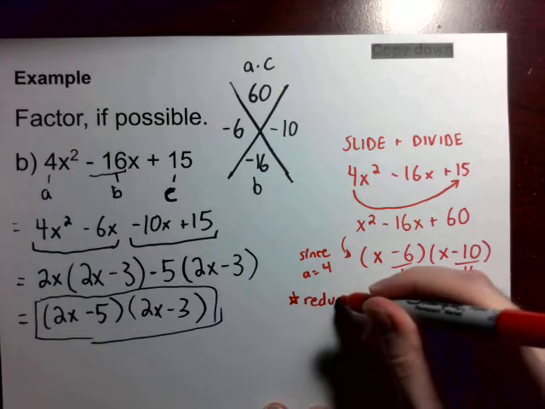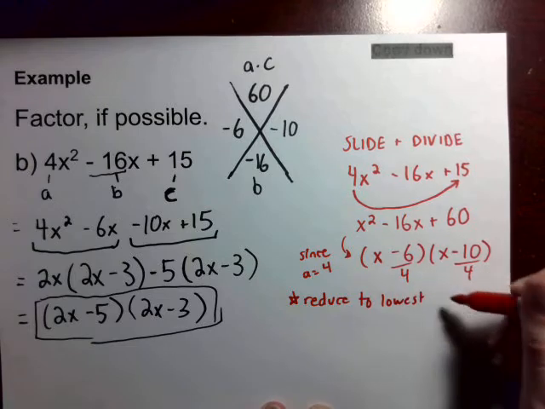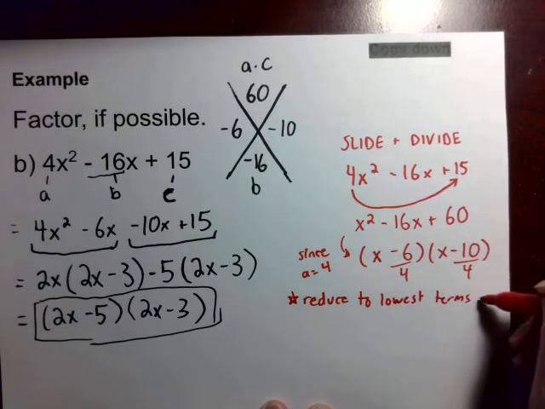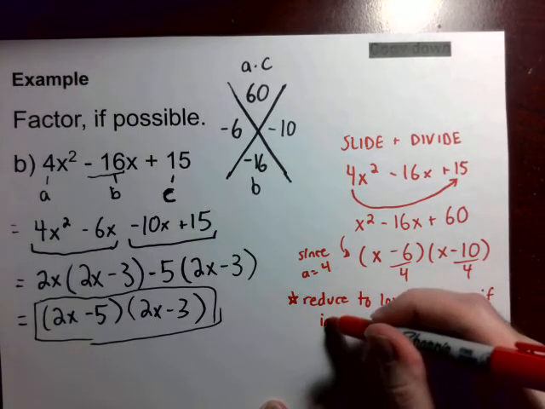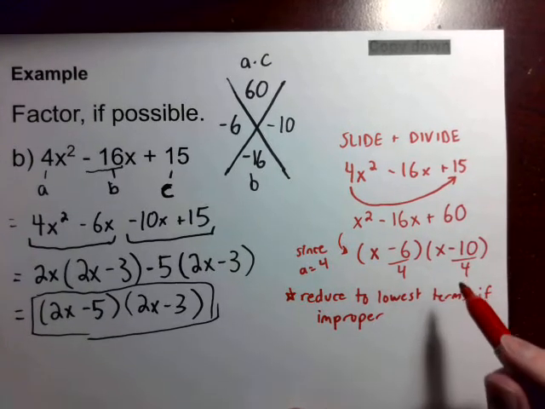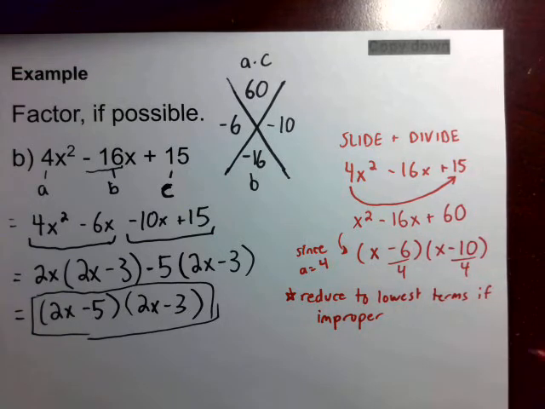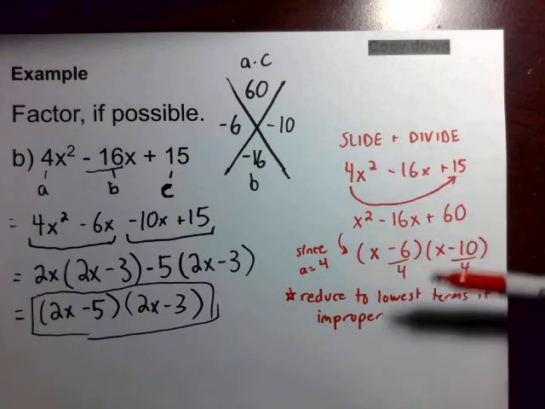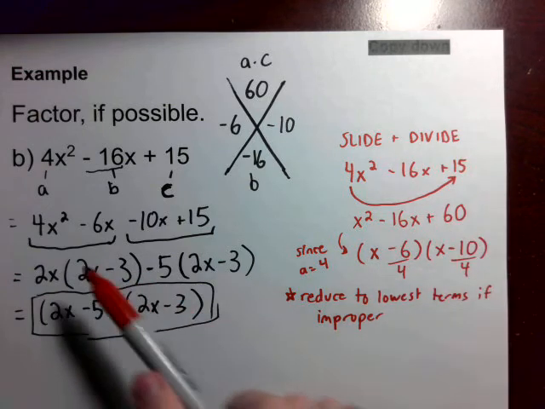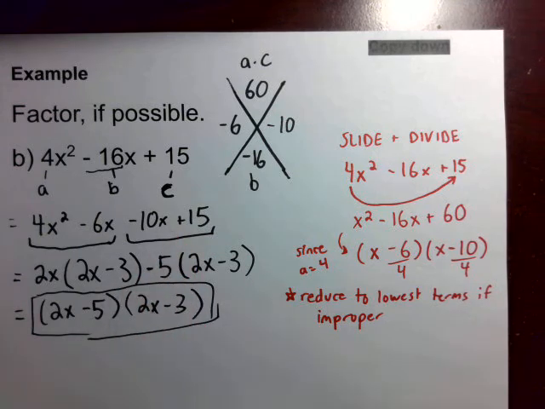If you ever have improper fractions, you have to reduce those fractions into their lowest terms. So if you like fractions, you think fractions are easier for you, and equivalent fractions are really easy for you, this is a good strategy because it's pretty quick. But the other strategy does not rely on using fractions at all. So there's something for you to think about when you're picking your strategy.